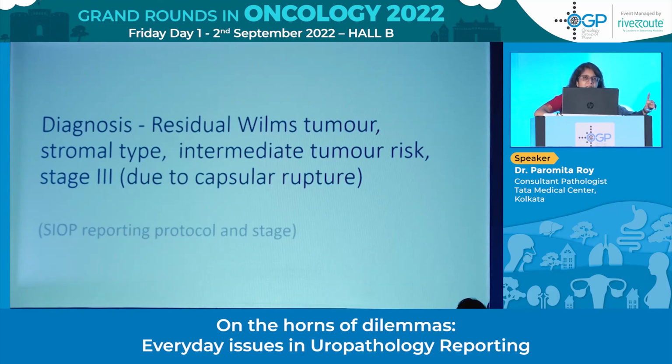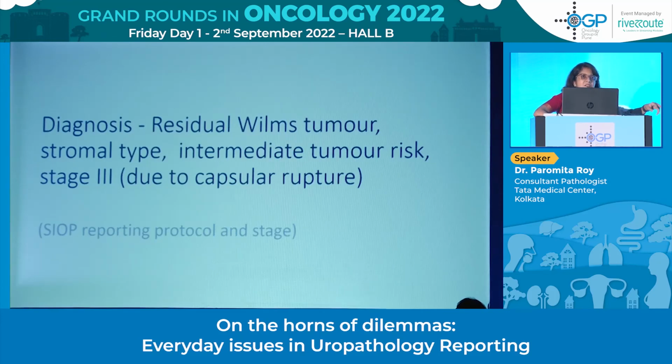But again, we tend to follow CAP protocols in our country, most of us, but CAP protocols are based out of the US, and there they follow the COG, Children's Oncology Group protocols for pediatric Wilms tumors, where they do not give chemotherapy.